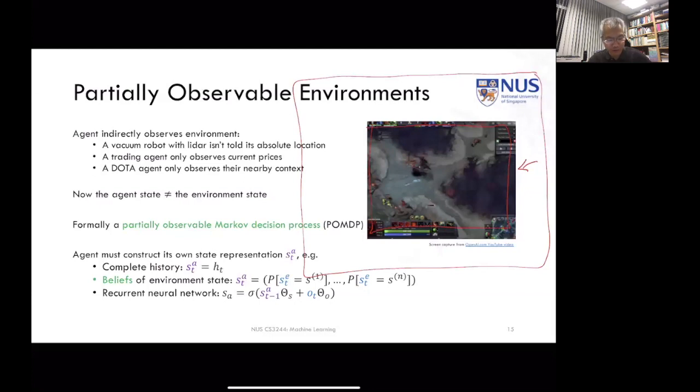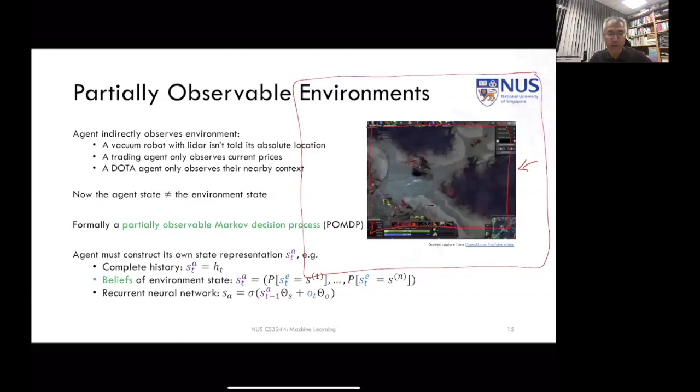So here we can say that the agent state is no longer the same as the environmental state, right? This happens in the real world just the same as in Dota here, where there are many things beyond the periphery of what we can see that represent the state of the environment and could eventually influence what happens to the agent. Formally, we can say this inserts two letters in front, for partial observability. So we now have a partially observable Markov decision process, or POMDP for short.